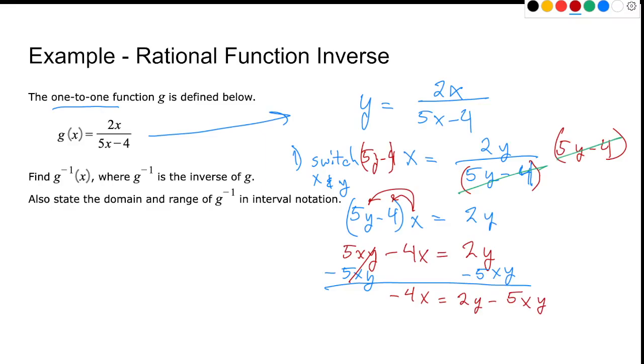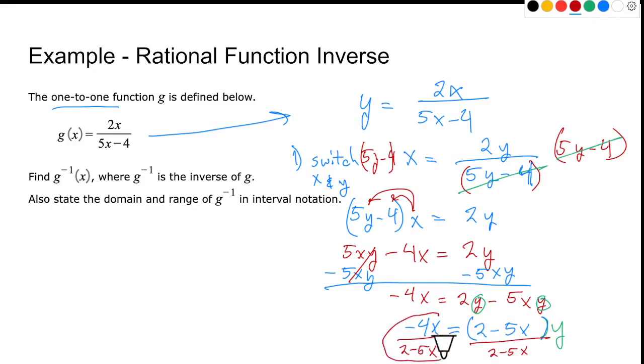Now this is not as obvious until you've done it a few times, but we want to factor out a y, and then we'll have a piece that we can just divide by. So factor out a y, and you're left with 2 minus 5x, and that's equal to negative 4x. Now to solve for y, we simply divide by 2 minus 5x, and that gives us our inverse function right here.